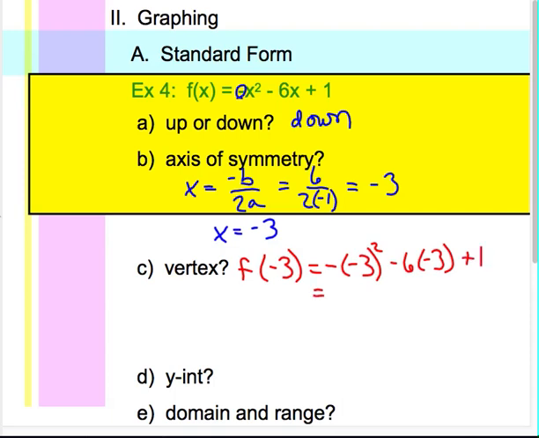So our first term, negative 3 squared, is 9. 9 times negative 1 is negative 9. Negative 6 times negative 3 is positive 18 plus 1. So we have 9 plus 1, or 10. It's very helpful if you write this as an ordered pair for when we go to graph it. It'll be easy to put the information together. So the x-coordinate is negative 3, and our y-coordinate is 10.